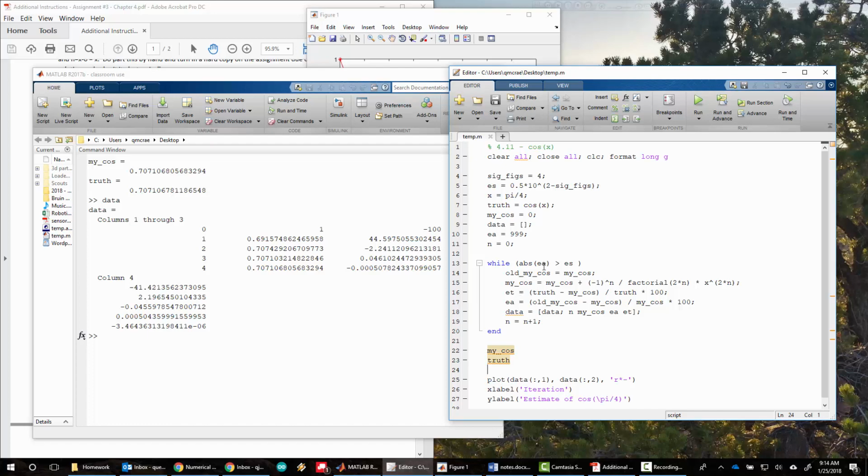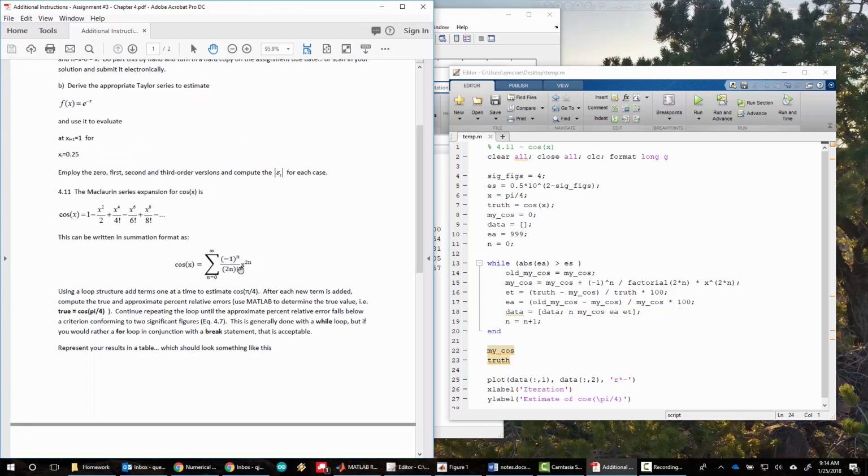But the EA is the difference between my guesses. So how much am I really changing on each step? Because if I am not changing on the step, there's no reason to keep going. Because eventually, if you look at the actual summation, you're dividing by 2n factorial. So this x to the n gets pretty big pretty fast, right? But the factorial gets big even faster. And so real quick, you're dividing something by a really, really large number, which functionally makes it 0.